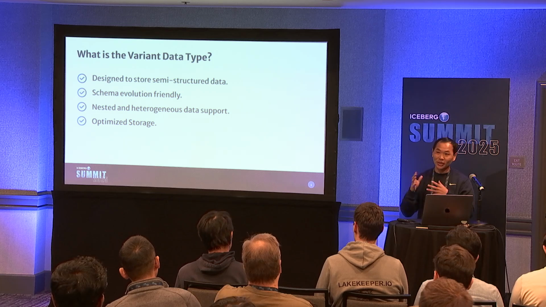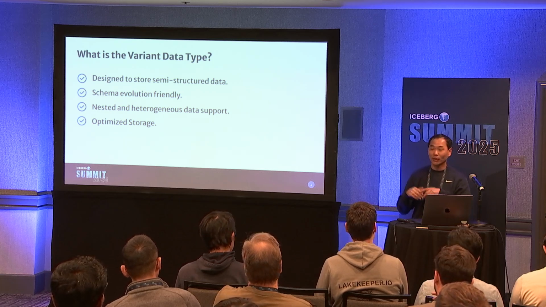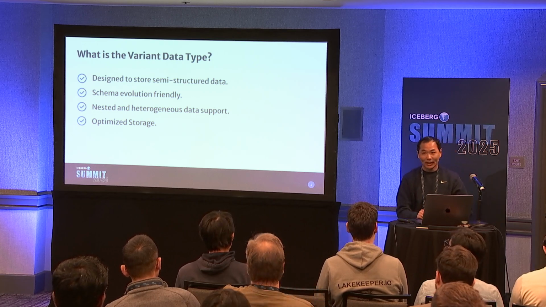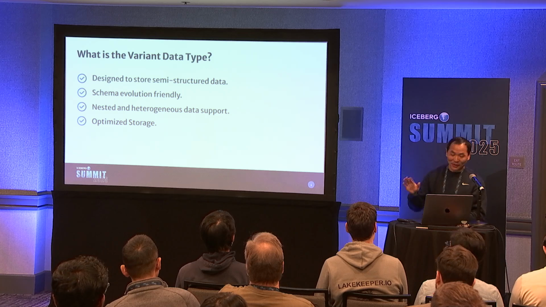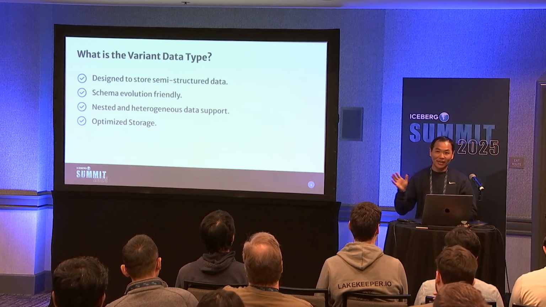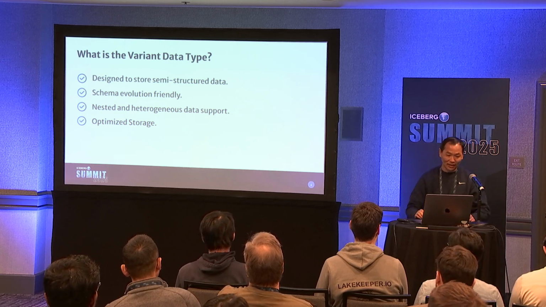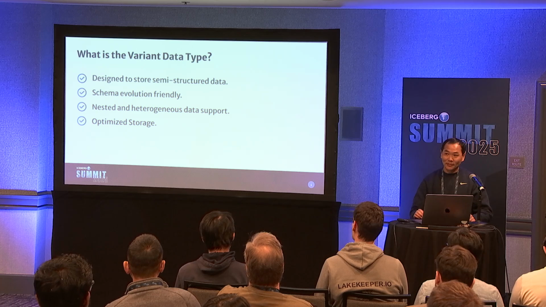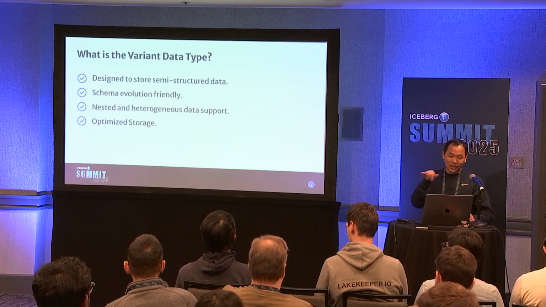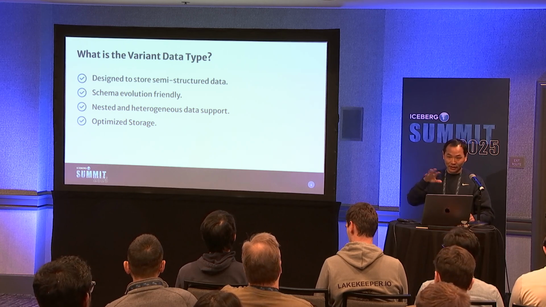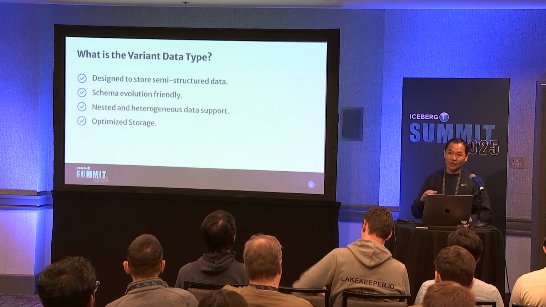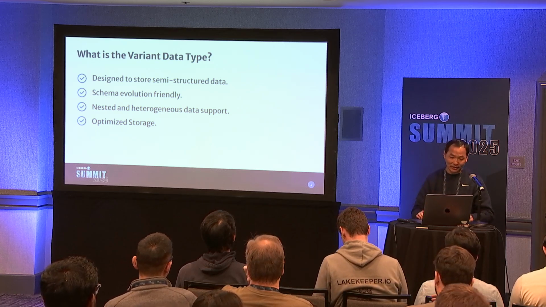So it's kind of encoding the schema inside the data type. Of course, later I'm probably going to give some examples, and you will understand what exactly variant is. With variant, if you change the schema of the data, it's going to be handled pretty nicely.